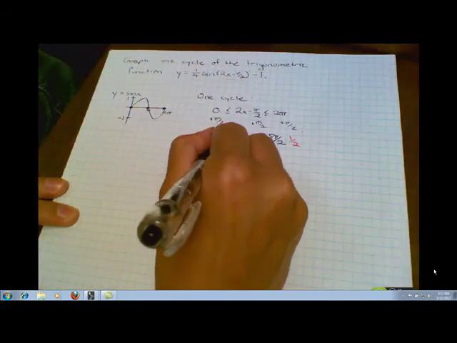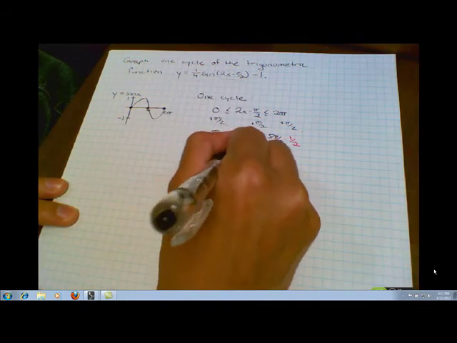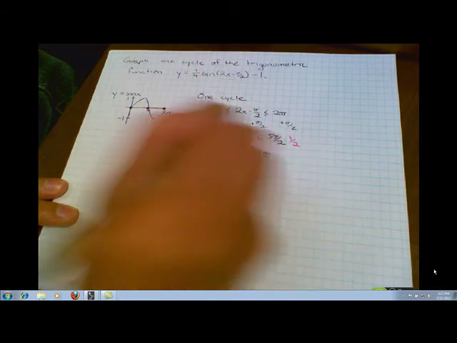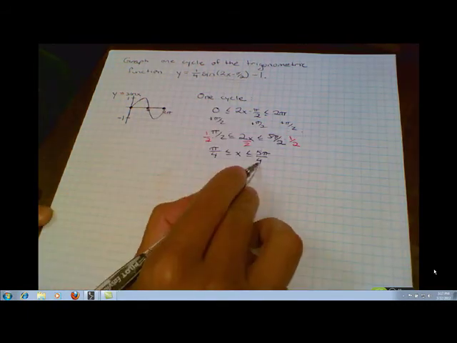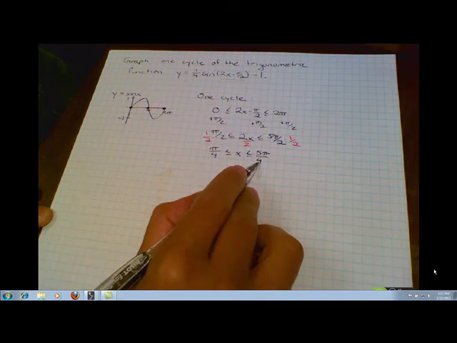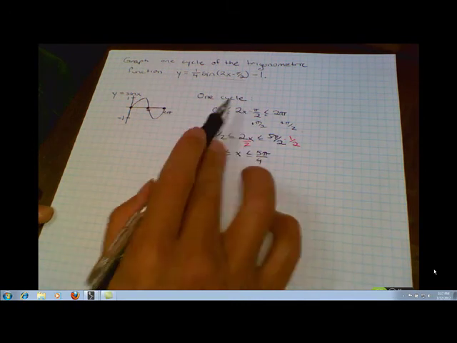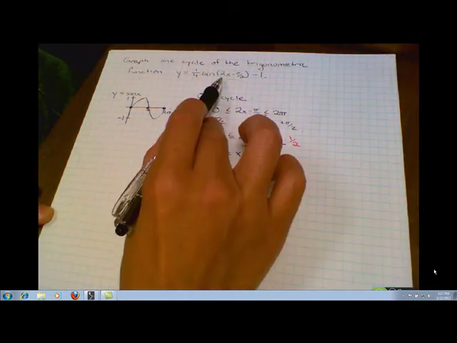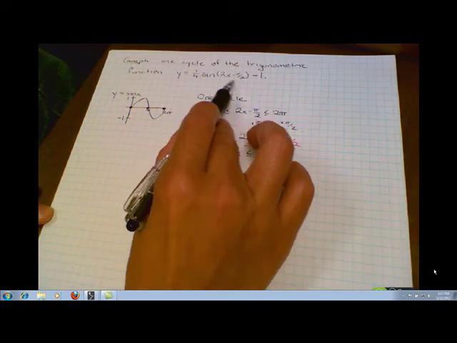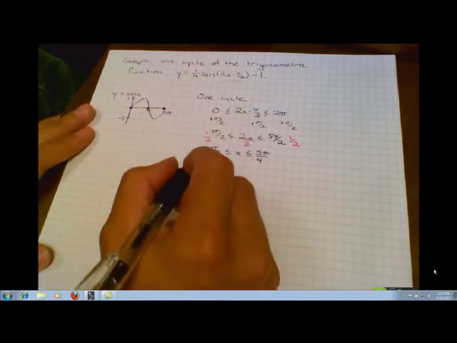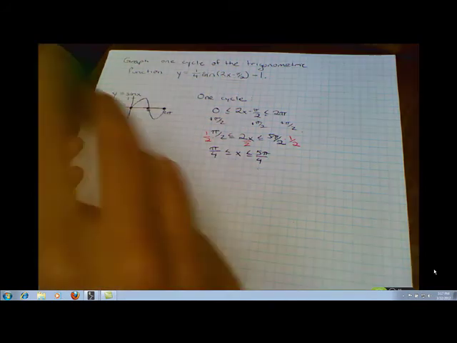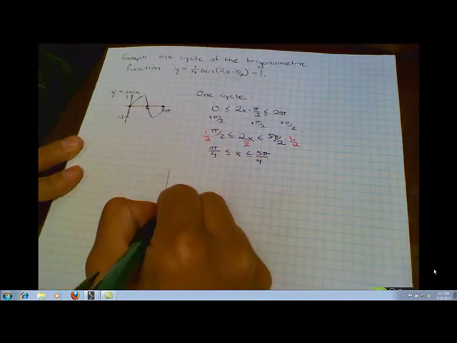It's the same thing. So I have pi over 4 less than or equal to x, less than or equal to 5 pi over 4. So these are my starting and ending values for one cycle of the graph. This inequality will take care of all of the horizontal transformations in your graph. So we've taken care of all of these 2x minus pi over 2 transformations from that.